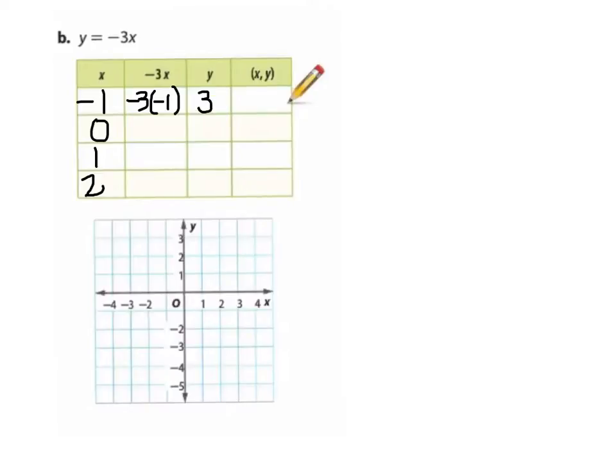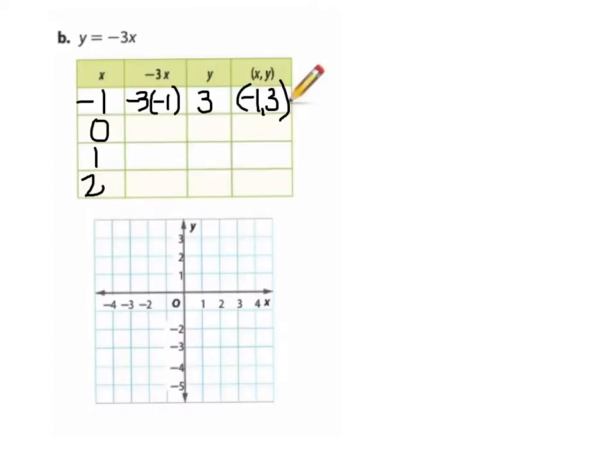A negative times a negative is positive. So my ordered pair is going to be (-1, 3). All right, pause the video, finish working it out, plot your points. The graph doesn't have to be perfectly drawn, just to get the idea, and then come back and I will show you the rest of it, and you can check your work.